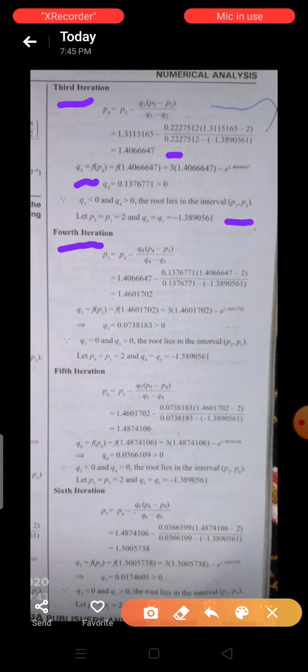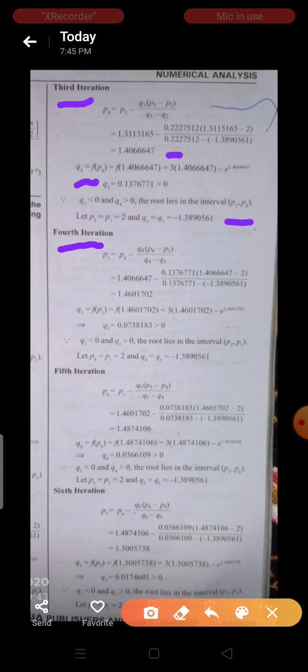Next, fourth iteration. P5 is equal to P4 minus Q4 into P4 minus P3 by Q4 minus Q3 is equal to 1.406667 minus 0.1376771 into 1.406667 minus 2 divided by 0.1376771 minus of minus 1.3890561.